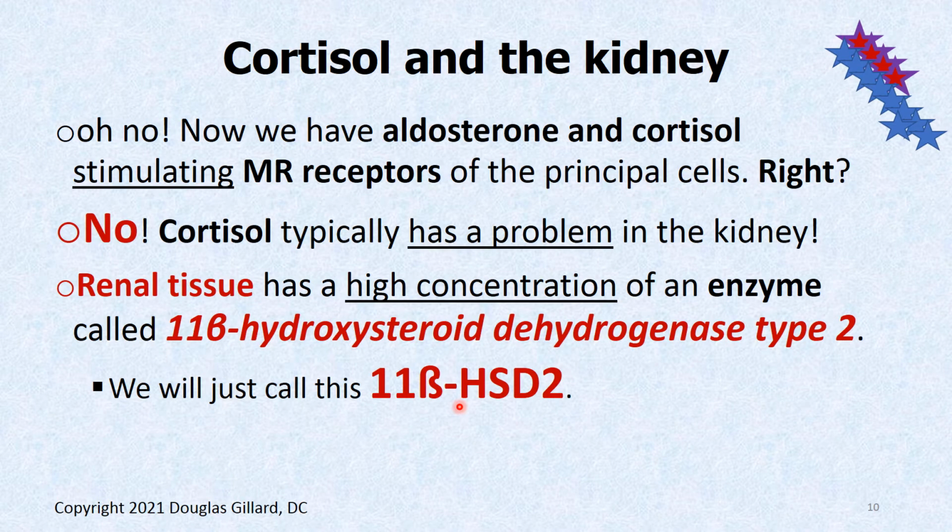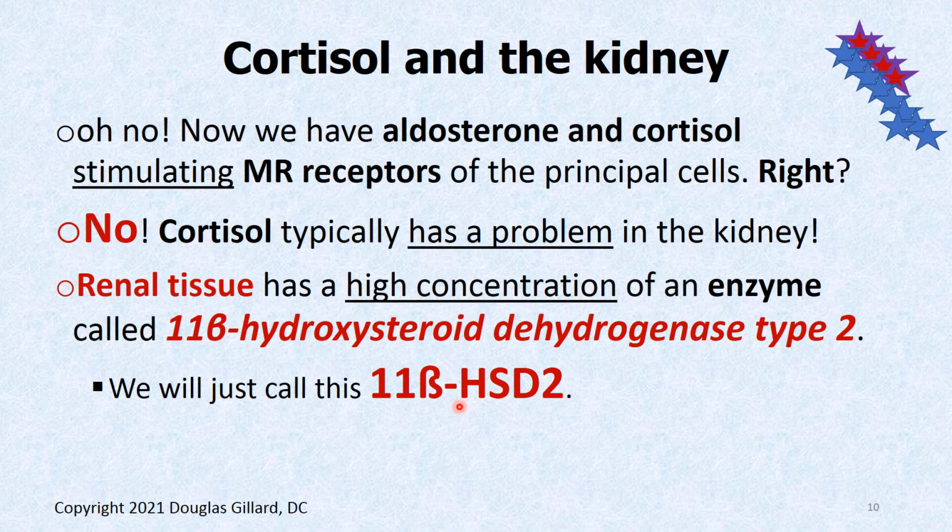Now, cortisol in the kidney. I'm not sure if we've talked about this, but it's really important. If cortisol can bind to mineralocorticoid receptors like aldosterone's receptors, that's not good, right? Because cortisol and aldosterone can both cause the reabsorption of salt and water.